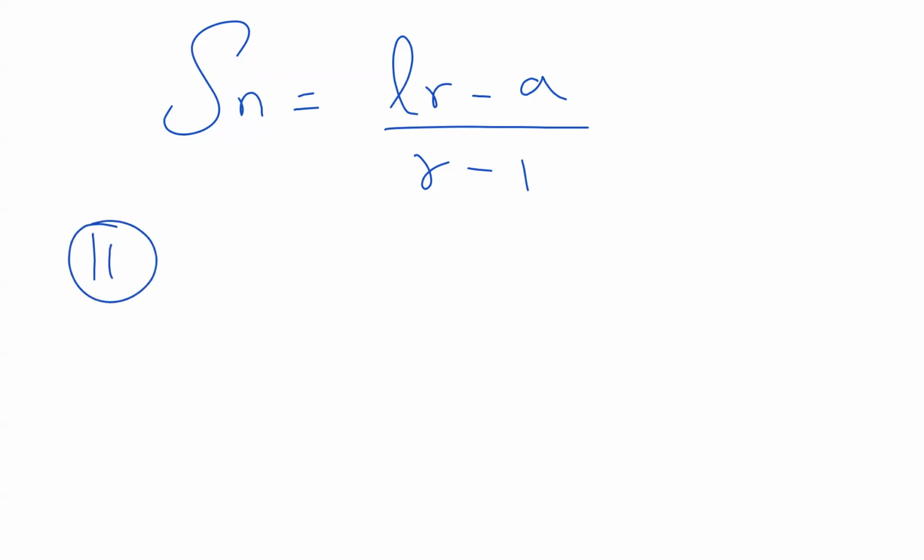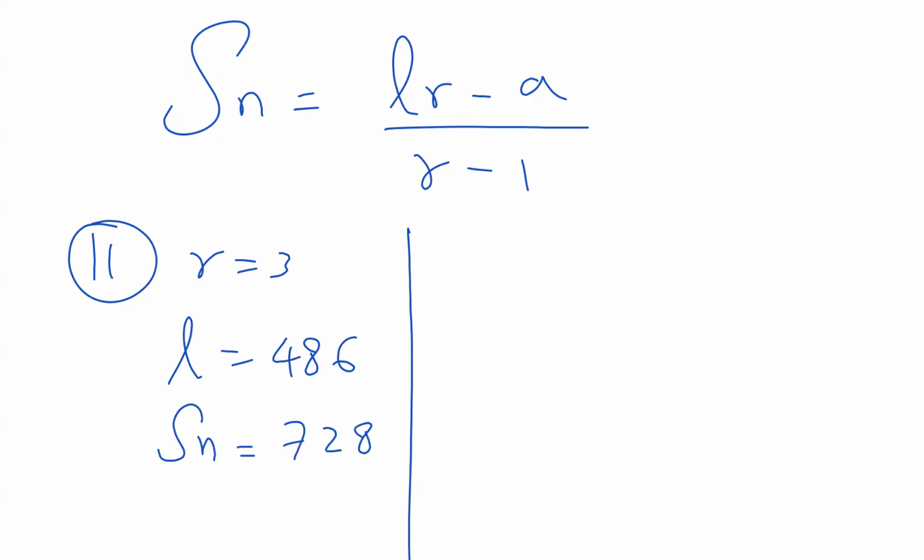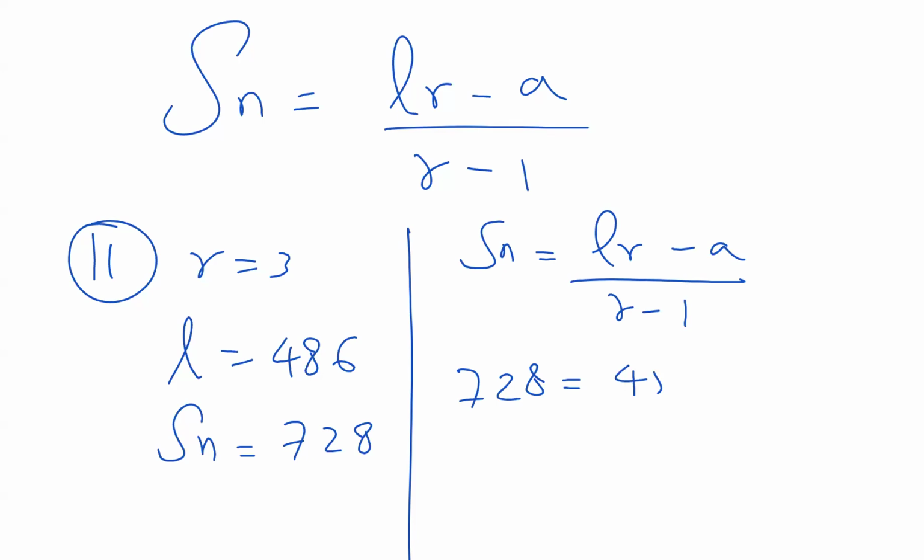So question number 11, guys, very quickly. r is equal to 3, last term is equal to 486, Sn is equal to 728. If this data is given in the problem, we need to find out the first term, that is a. So Sn is equal to lr minus a upon r minus 1, that is 728 equals 486 into 3 minus a upon 3 minus 1.